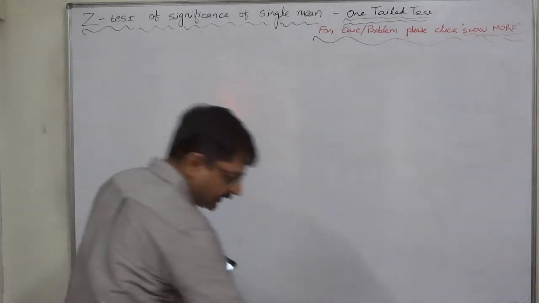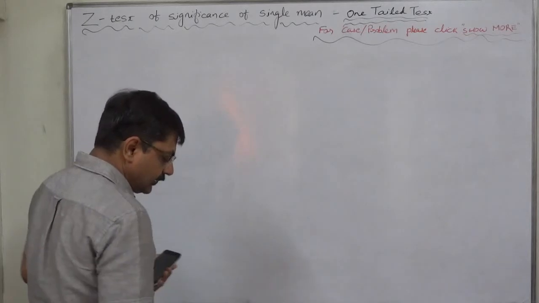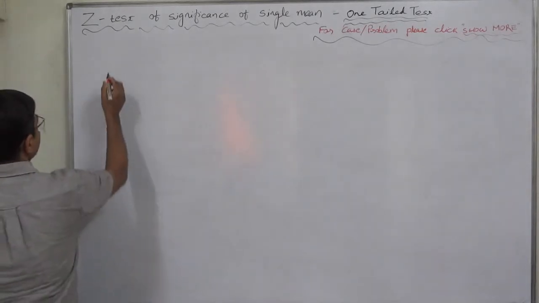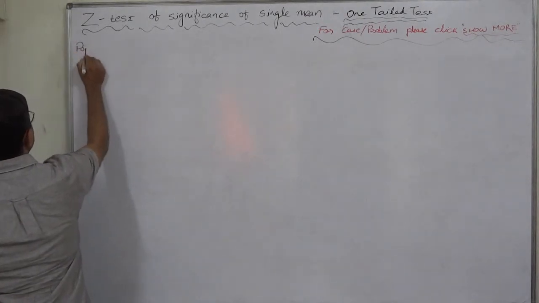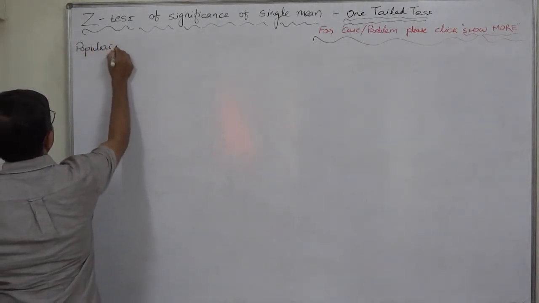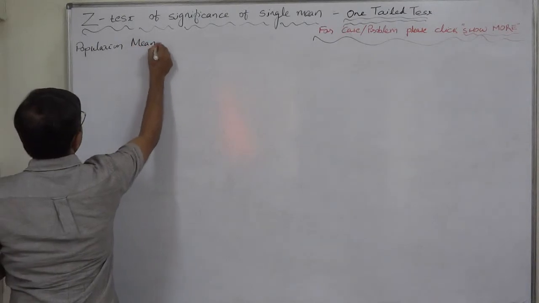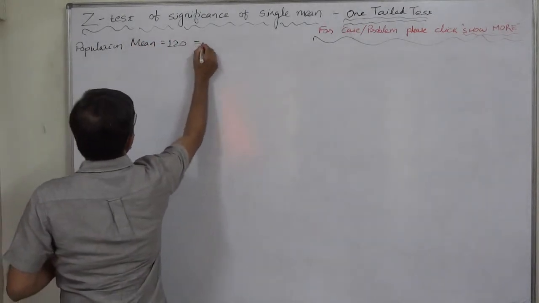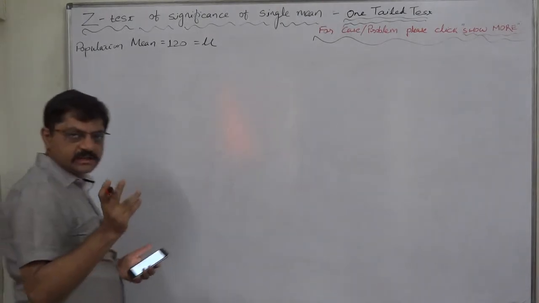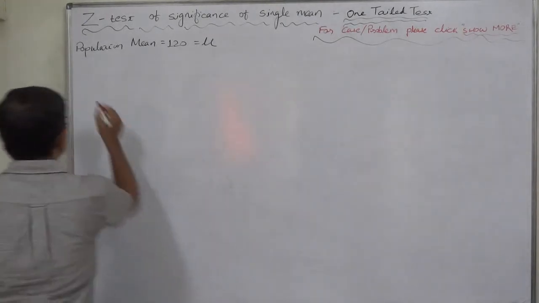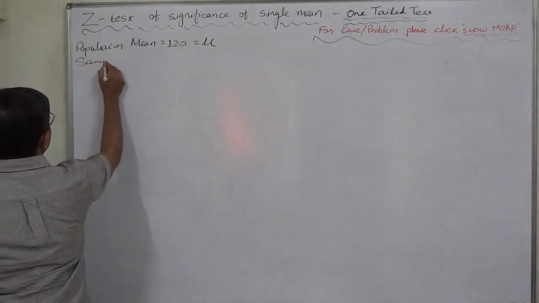Okay, now statistics. Her claim is 120 words, so 120 becomes the population mean, mu. Okay, 100 trials, as we have already discussed, this becomes the sample, so 100 becomes the sample size.